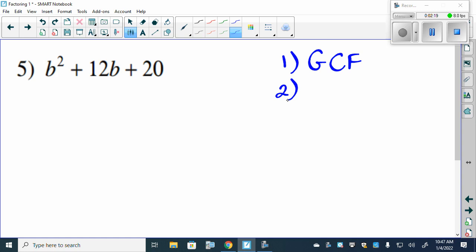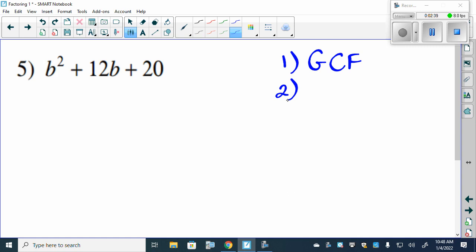When we look at b squared plus 12b plus 20, there's not a term in common with all three. So we don't have a greatest common factor.